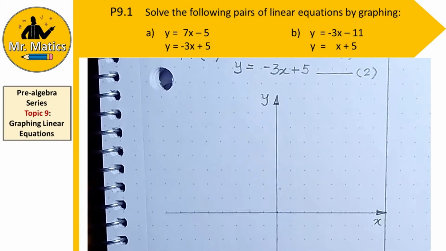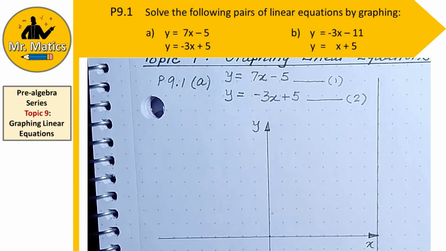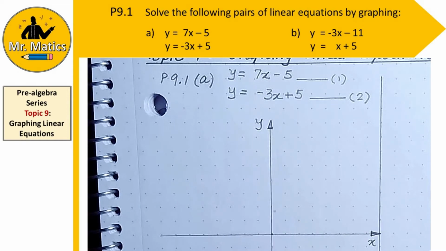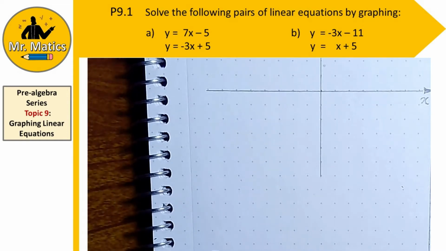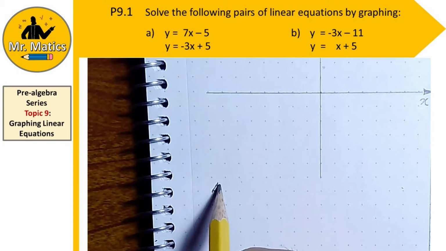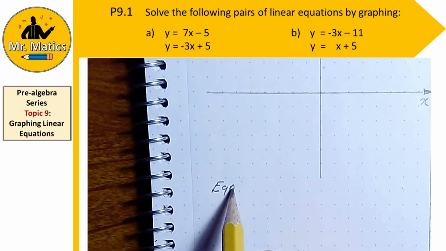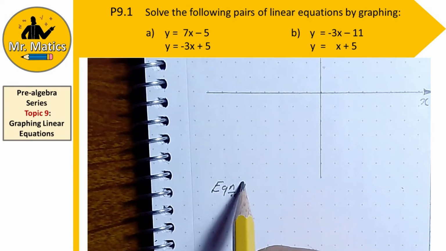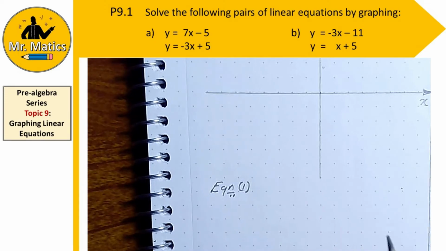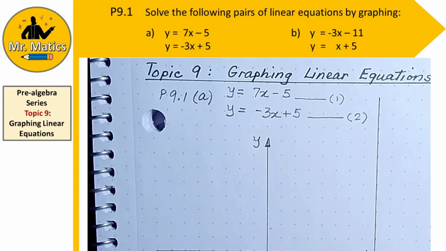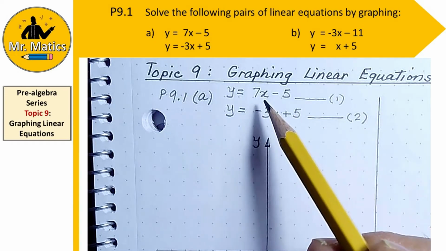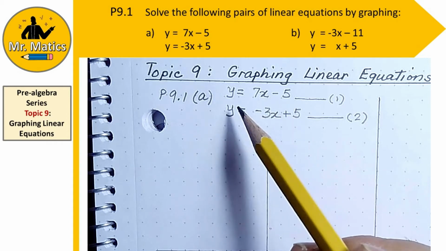So the first equation is y is 7x minus 5. Let's find some possible solutions. For equation 1, let's find some values of x and see what values of y will come out.